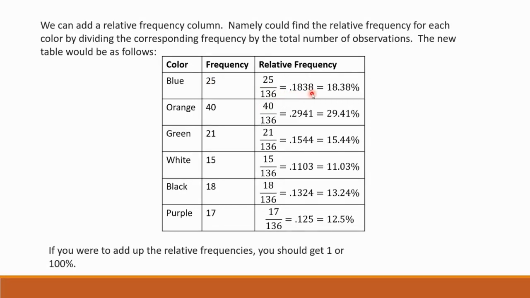And as a percentage, that's 18.38%. If you did orange, you would have 40 over 136, and so on and so forth. You keep on doing this for each of the different colors. So it's just another way to display data.